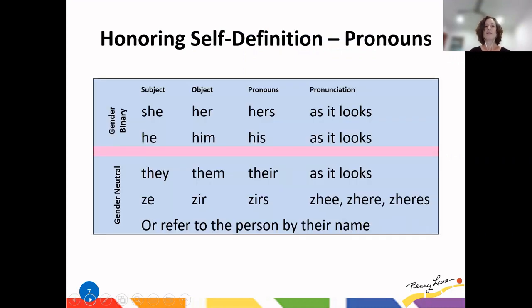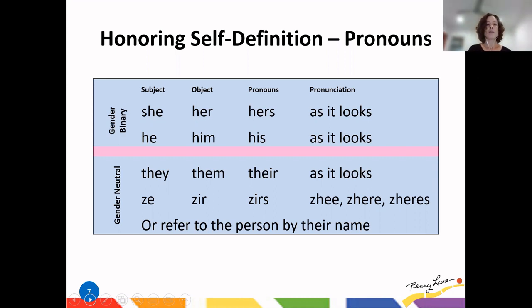Another way that we can honor self-definition is by using the correct pronouns. Pronouns are those little parts of speech that tell us who we're talking about. So she, her, hers, he, him, his. If we're talking about a plural group, say a group of 100 people, we would say they, them, their. So if that group of 100 people went to the market, we would say they went to the market, I went with them, the bags are theirs.